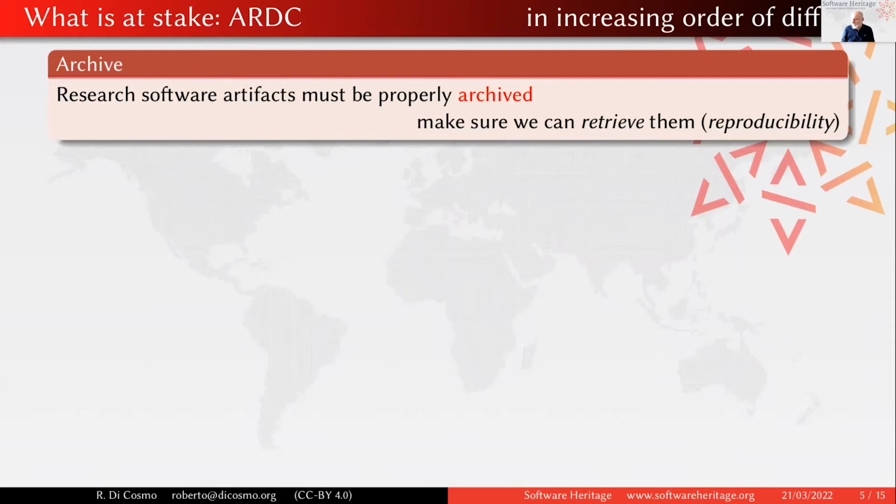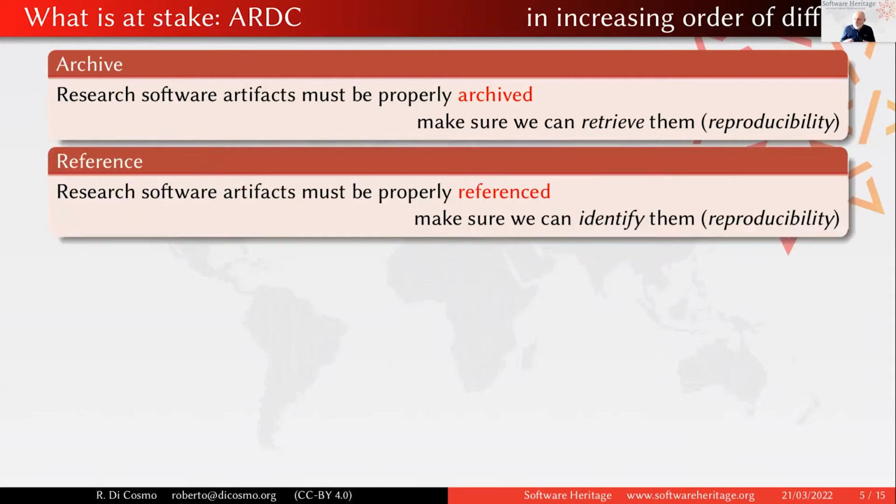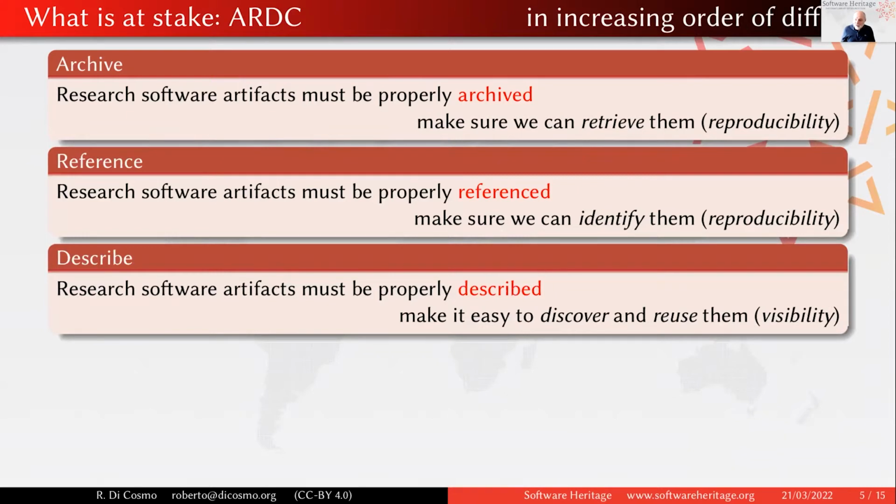So you need an archive. Then you need a way of referencing the precise version in such a way that you do not depend on, again, mechanisms that can go away. Then you need to describe your software in such a way that it can be found and reused properly. I mean, this is a little bit more complicated than just having the exact commit hash of what you did.